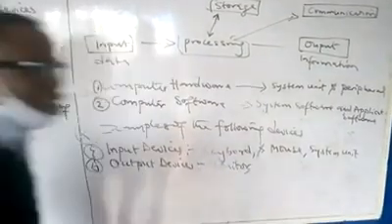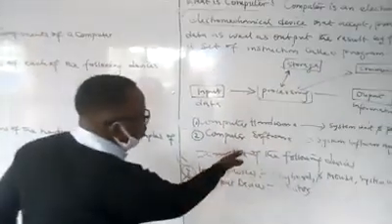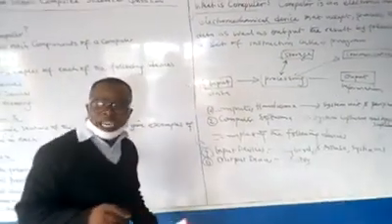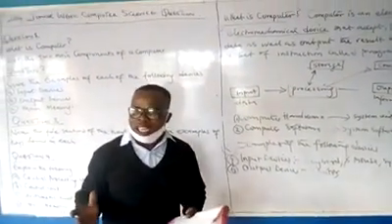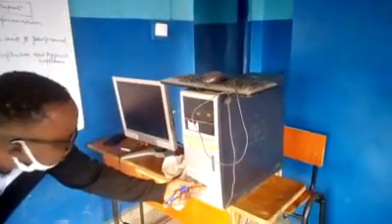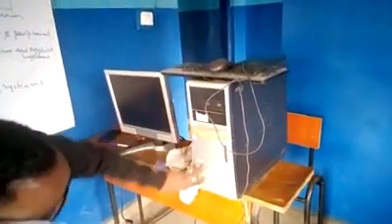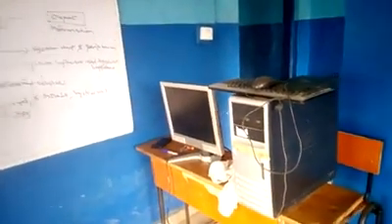Monitor. Which other thing will you now use? Because they say examples, not one. Look at speaker, loudspeaker. Like this system has a speaker here. This is where the speaker is fixed. If I open it to see the part inside, you see this is where the speaker is. And you can also have an external speaker.